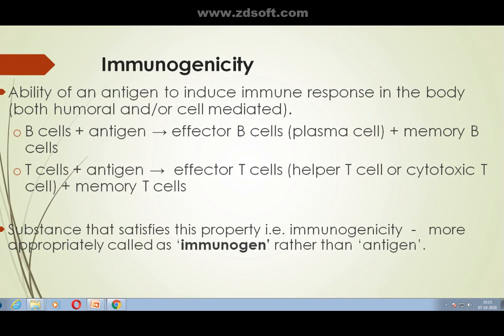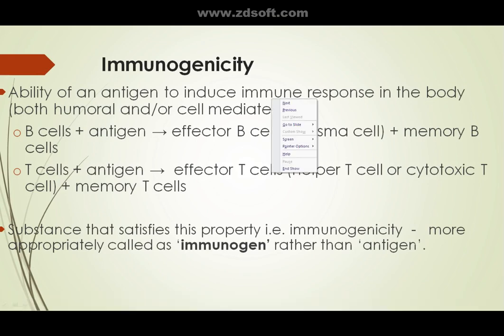So, the immune response means two types of cells are involved. One is the T cell mediated immune response, the other one is humoral immunity. For humoral immunity we have the B cells, and for cell mediated immunity we have the T cells.